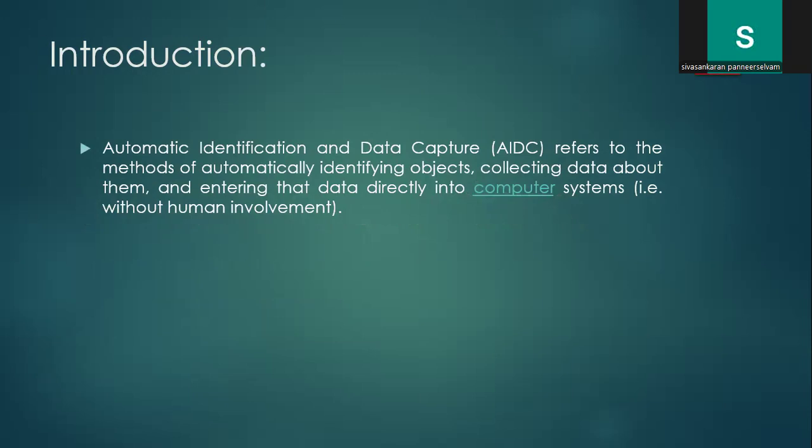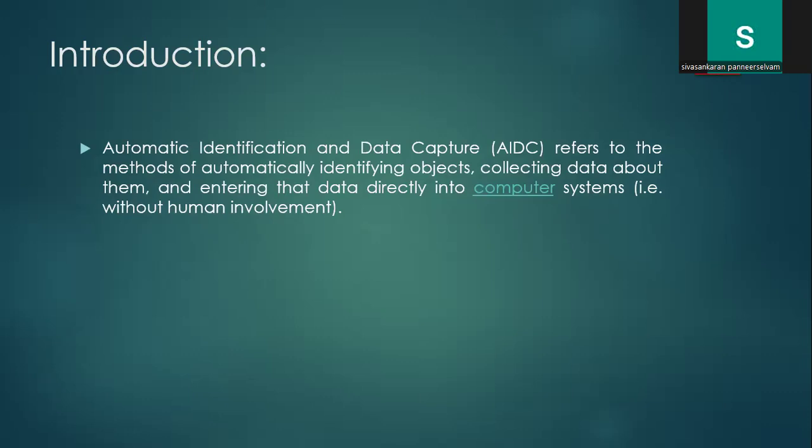So what exactly it means? Automatic identification and data capture commonly refers to the methods of identifying the physical objects, collecting the basic information about the physical objects and entering the data about the particular object directly into the computer machine without the involvement of human intervention.